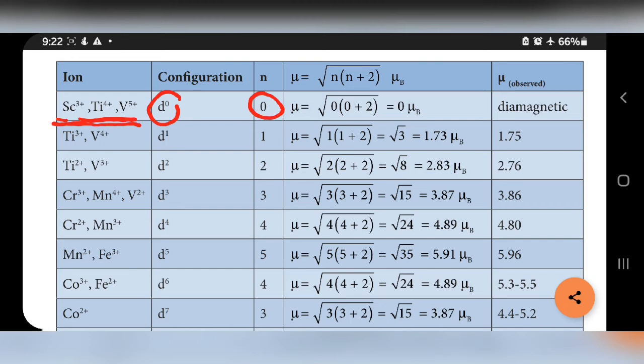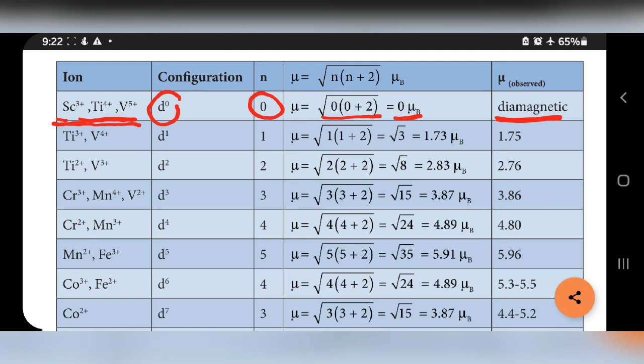So you substitute n is equal to 0, that is root 0 into 0 plus 2, giving 0 Bohr magneton. This contains no unpaired electron, so it is diamagnetic.